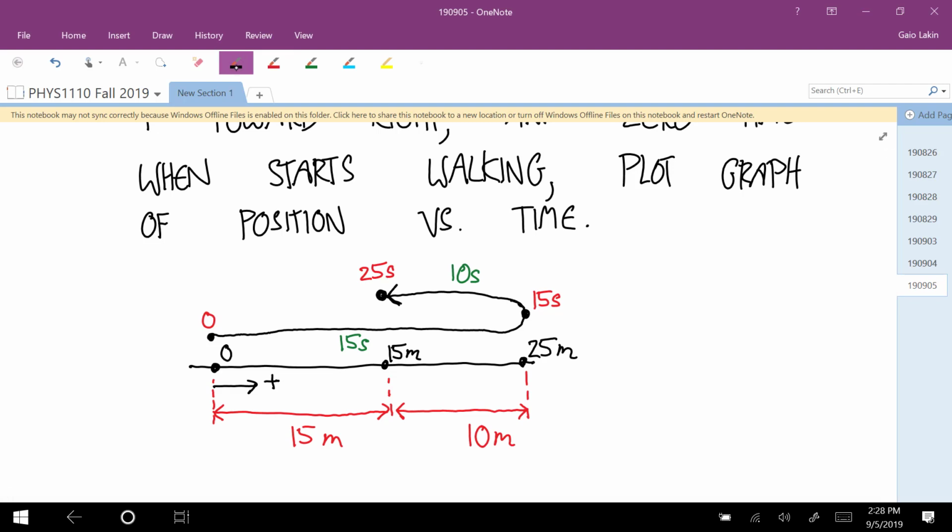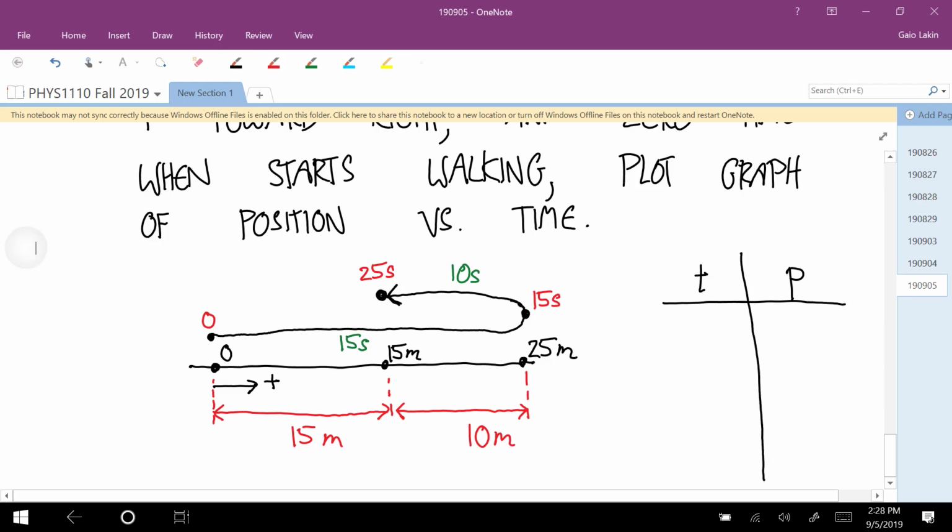And for stuff like this, at least at first, it's helpful to write out a little table of corresponding times and positions at the instants that we know about. So here are going to be the time values, here are going to be the position values. The first thing we know is when the person starts walking, the time is 0 and the position is 0.